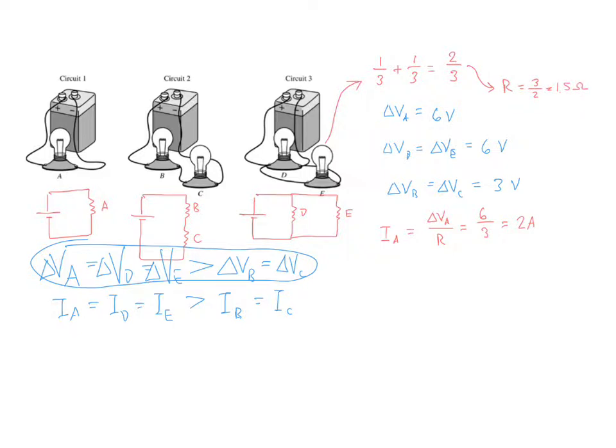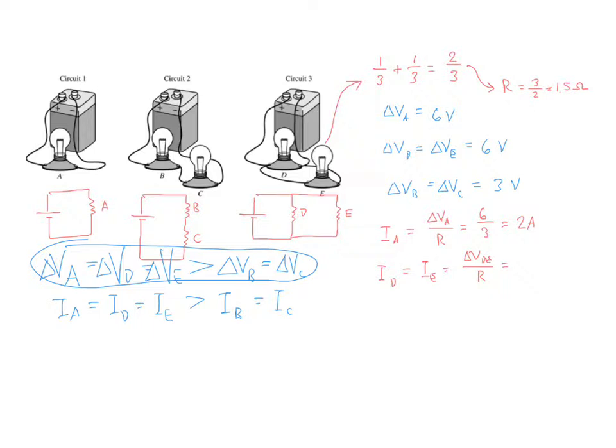So in circuit 3, the current through D and also the current through E is going to be the voltage across them. We'll say DE, the voltage across either one, divided by the resistance of each one.